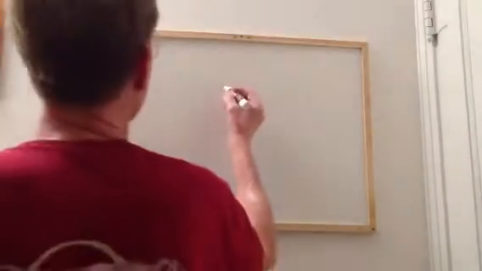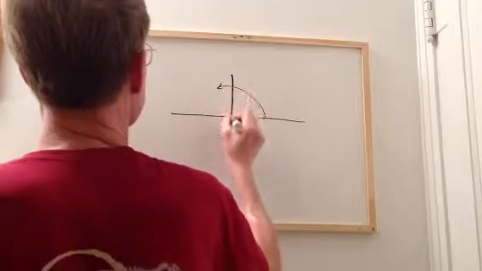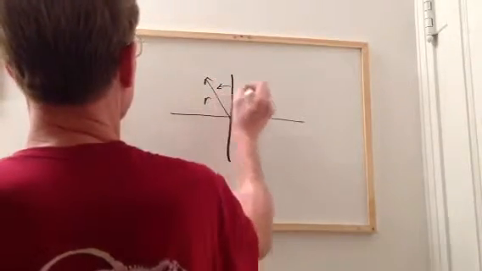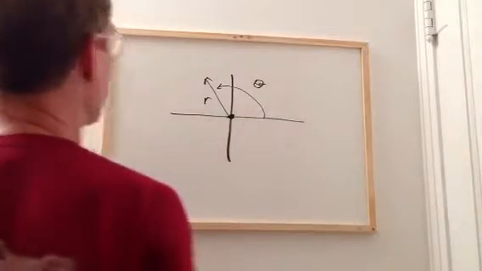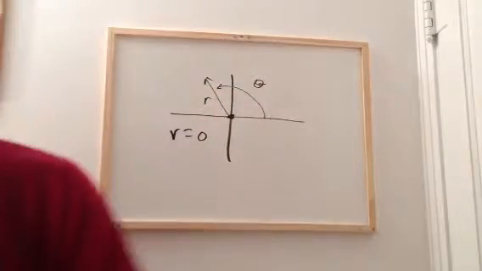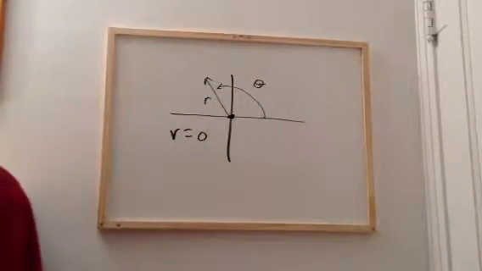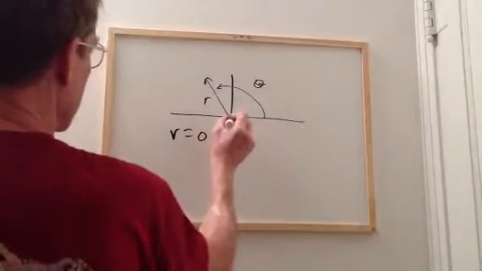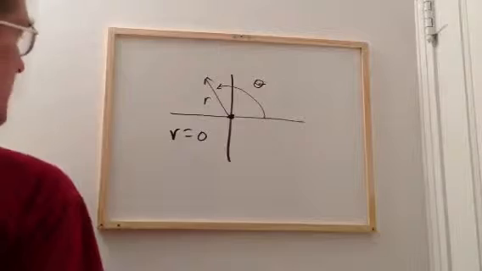Here's the polar plane, theta going like this, r going like that. If we stay right at the very center, the origin, where r equals 0, we can have any angle and it'll correspond to that point. So we've got an infinite number of polar values that correspond to that one Cartesian value.